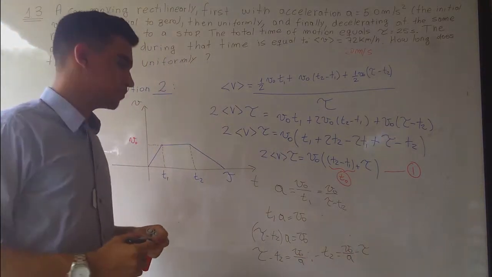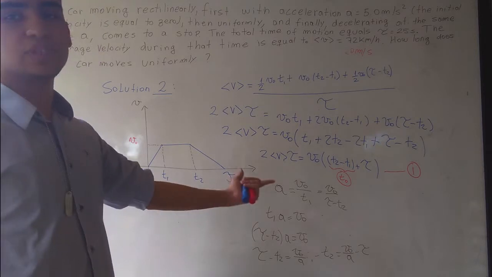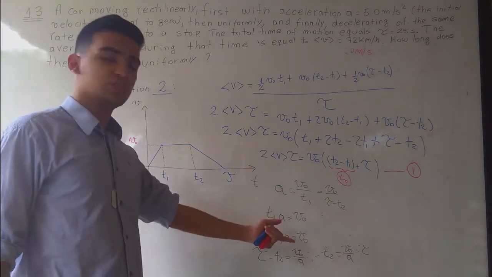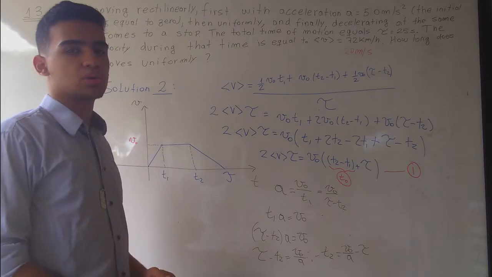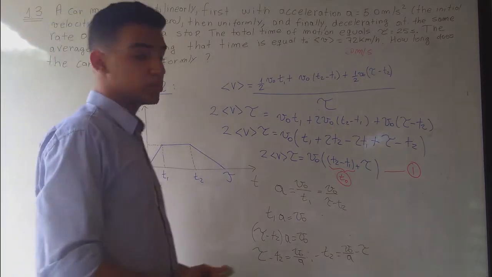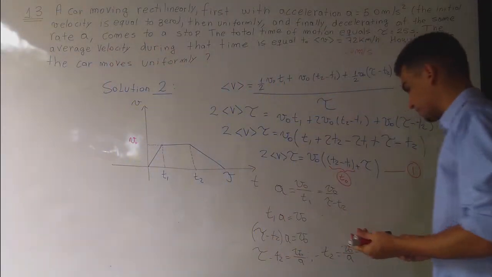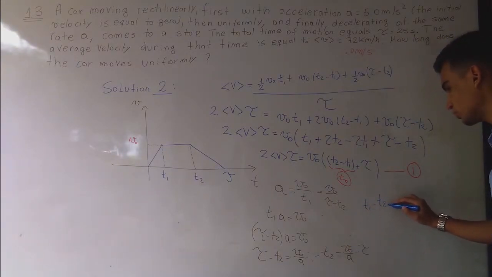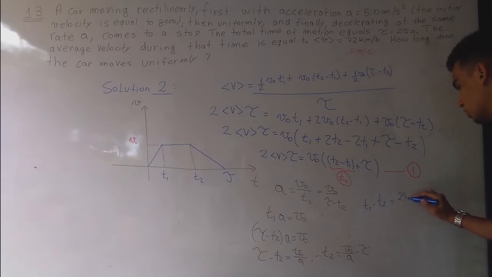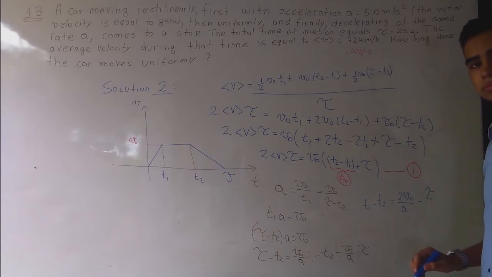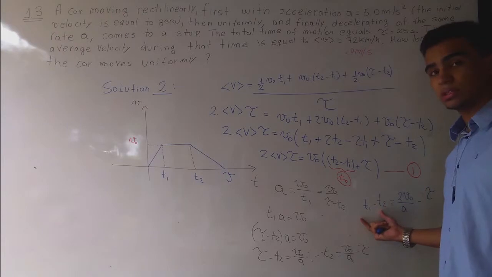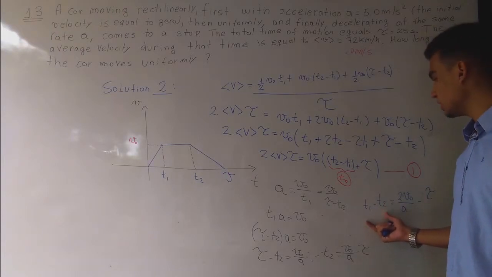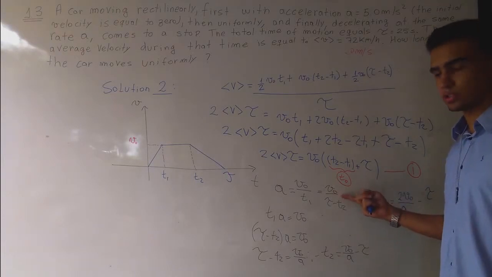We can sum T1 equals V0 upon A with minus T2 equals V0 upon A minus tau, and we will get the following. T1 minus T2 is equal to 2V0 upon A minus tau, where T1 minus T2 is equal to minus T sub naught.